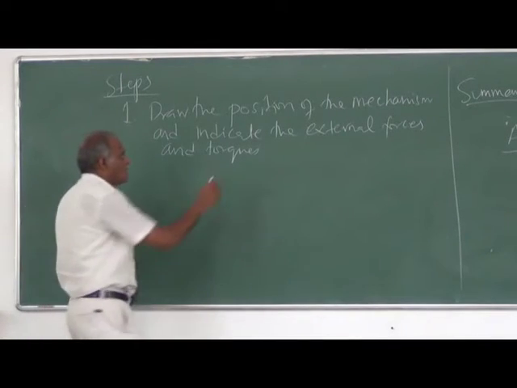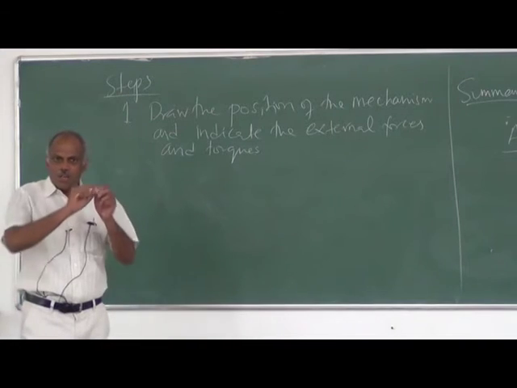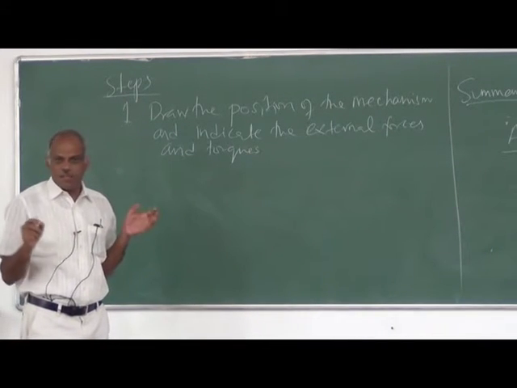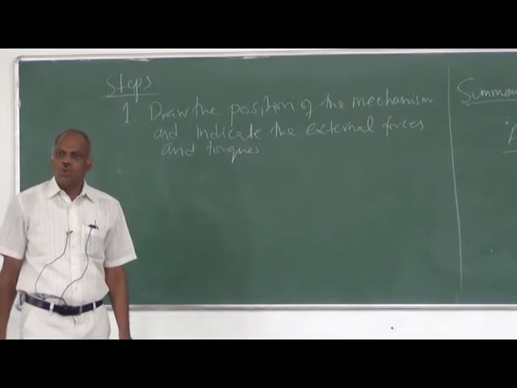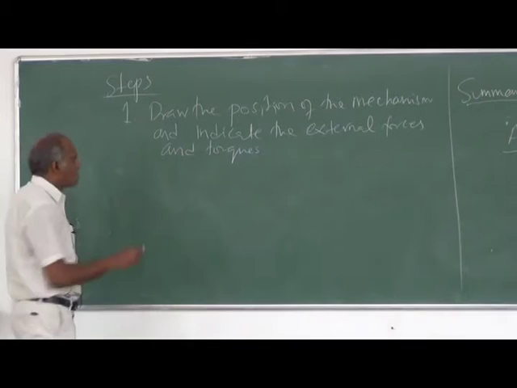You just draw the position of the mechanism, how the links are in that position, and show the external forces and torques acting on it. So, that is the first step.